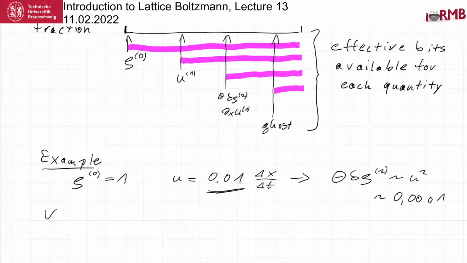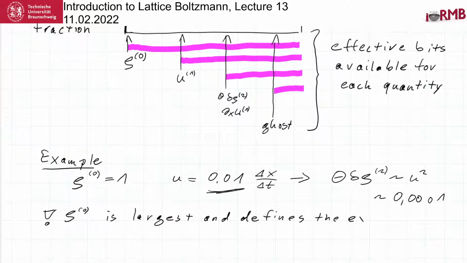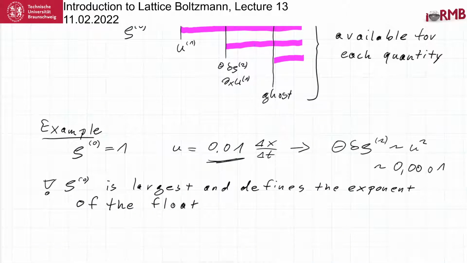Let's look at these things here. Rho 0 is largest and defines the exponent of the float. So this is stored in all 23 bits.